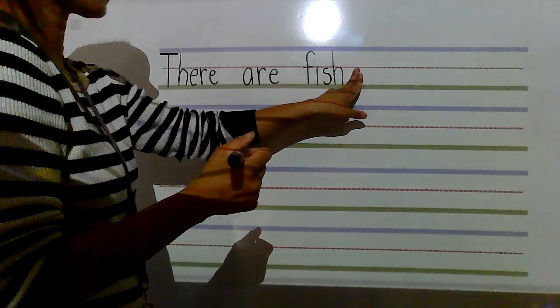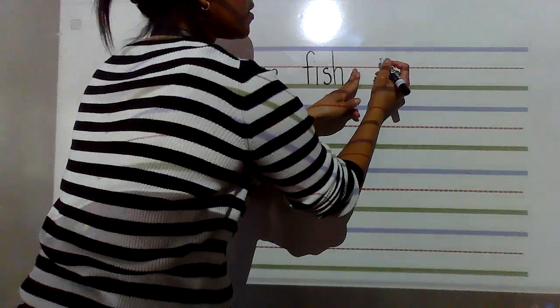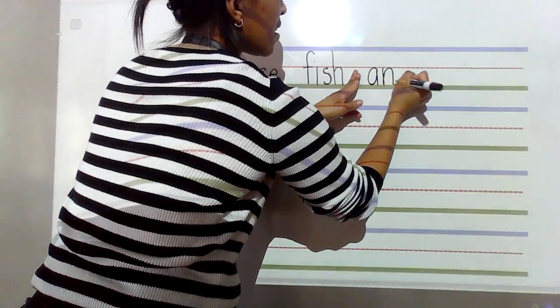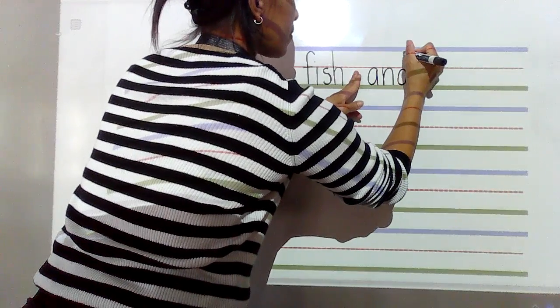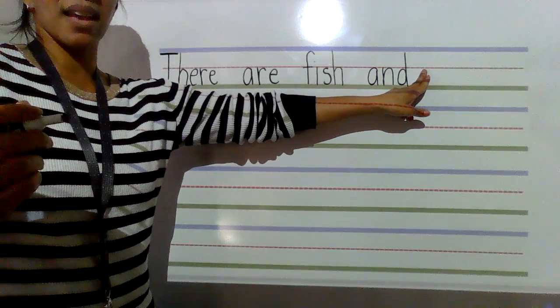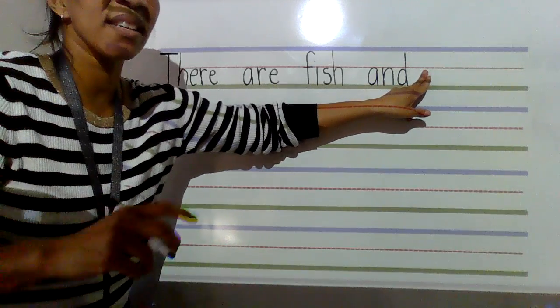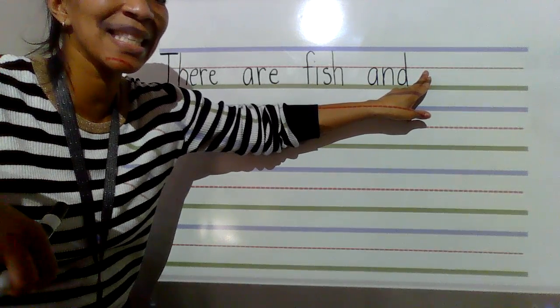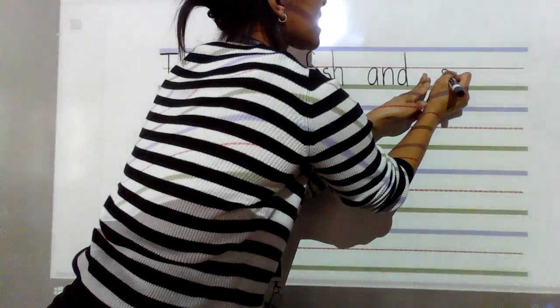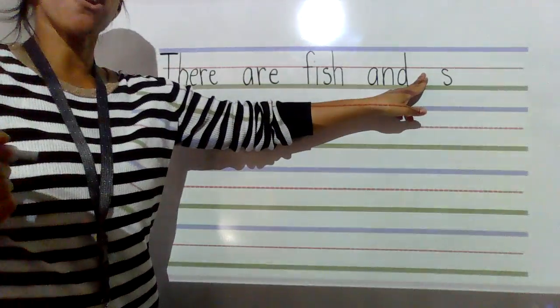There are fish and another power word. Yell it out. A-N-D. Fish and what was my non-living thing? Sand. What do you hear at the beginning of sand? I hear that sound. And then I hear and.